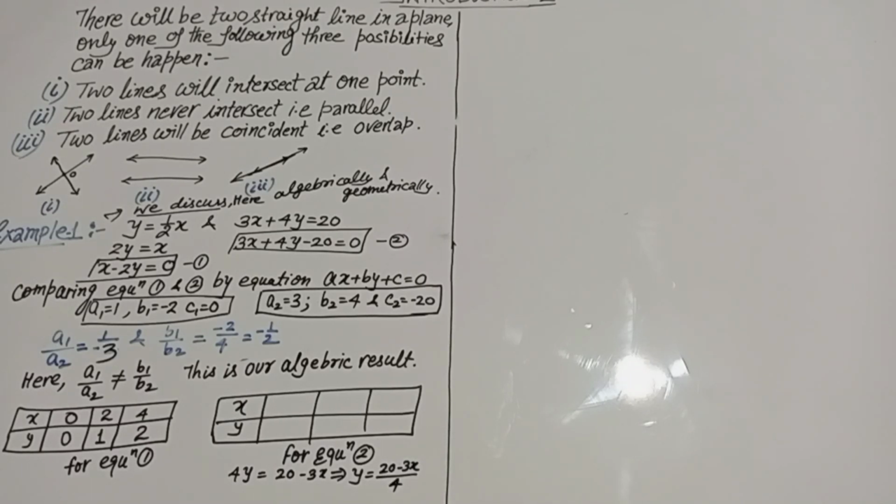So when we put the value of x is equal to 0, this portion becomes 0, and 4 fives are 20. When x is 4, 3 fours are 12, and 4 twos are 8. Then 6, 6 threes are 18, so y is 1 by 2. Okay, so let's do it graphically now.